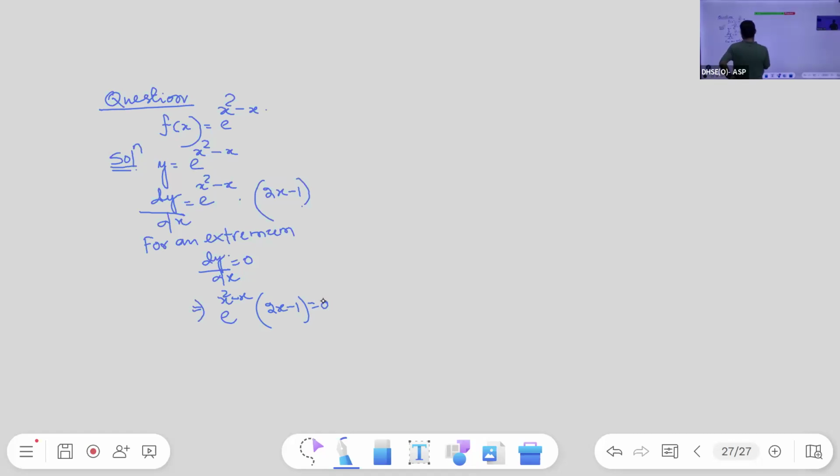So e raised to the power x square minus x can never be equal to 0. So only this term will be equal to 0, that is 2x minus 1 is equal to 0, implies x is equal to 1 upon 2. This is the only critical point.